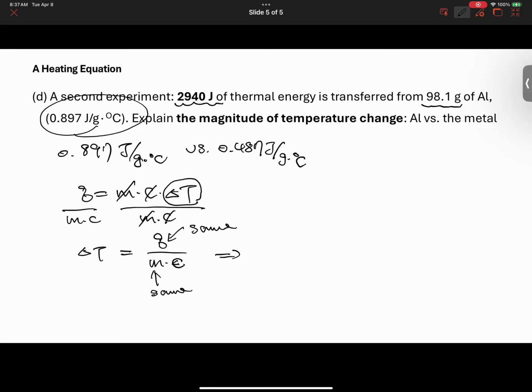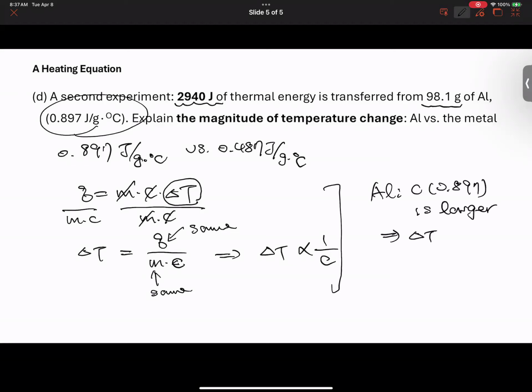Then delta T is inversely proportional to the specific heat. Here 0.897 joules per gram Celsius is bigger, aluminum has the larger C. So delta T is inversely proportional, and delta T of the aluminum will be smaller.